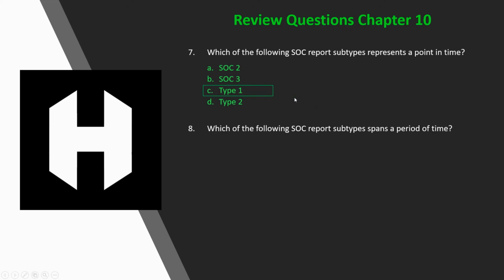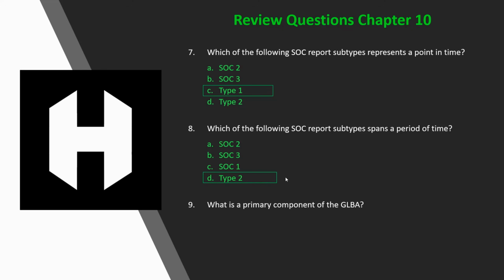Question 8. Which of the following SOC report subtypes spans a period of time? A. SOC 2. B. SOC 3. C. SOC 1. Or D. Type 2. If you said D, Type 2, you would be correct.